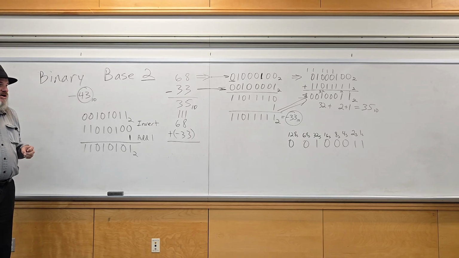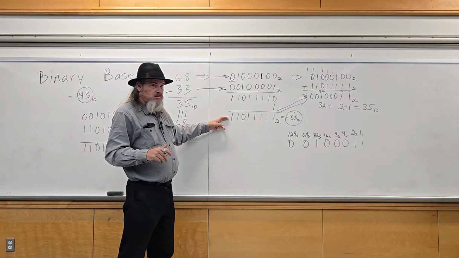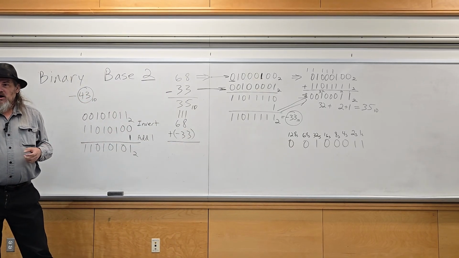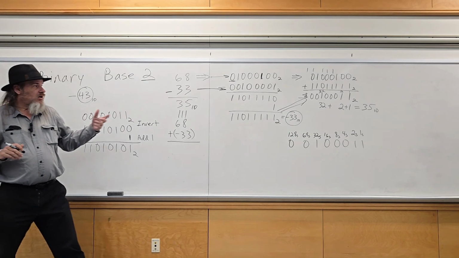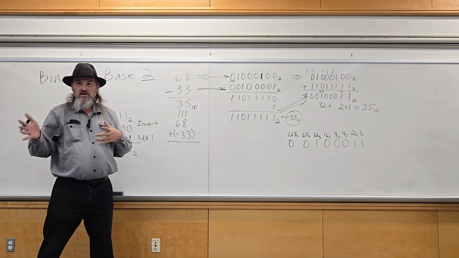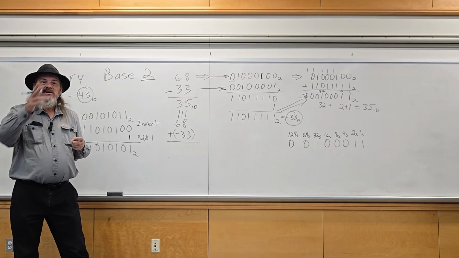You know, the invert and add 1. Yeah, that's a little bit more complicated than representing a negative number in decimal, but it's a simple process that we will show later on how to do in circuitry fairly easily. Yes.